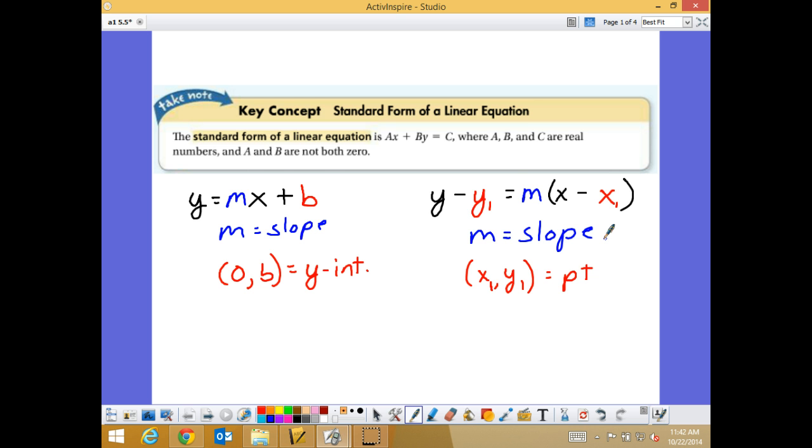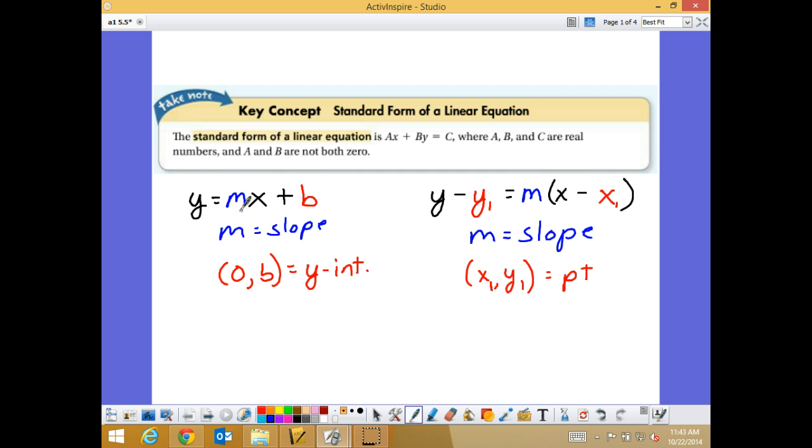Now, I pointed out a little bit earlier in the definition of one of those that the definition specifically said the equation of the non-vertical line. The reason these two previous forms do not work for vertical lines is because the slope is undefined. There is no slope, therefore we cannot have an m there.